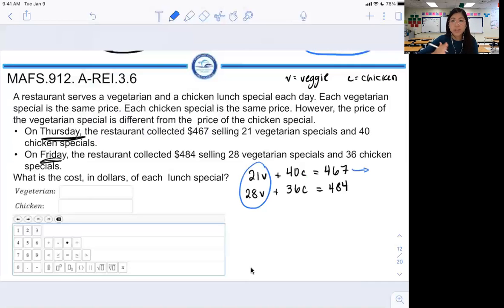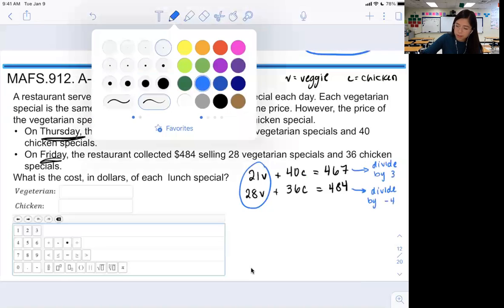I could divide the top equation by 3, because then I would get 7 for the value of v. And if I want this to be -7, well, I would divide this by -4. Let's actually see what happens when we do that.